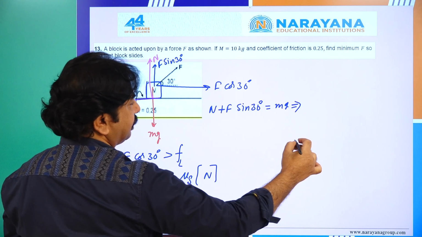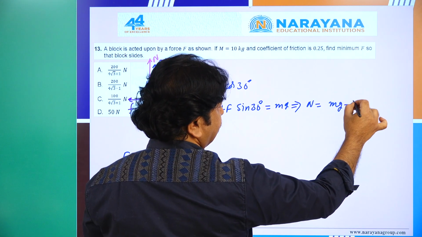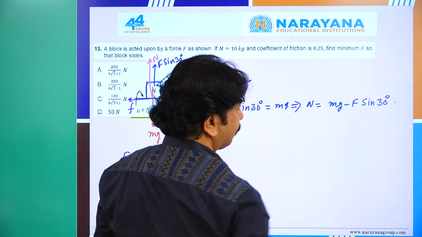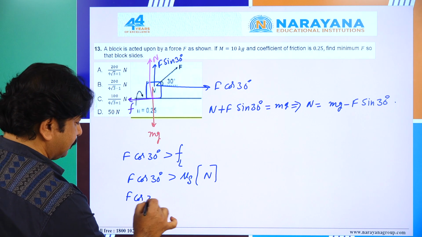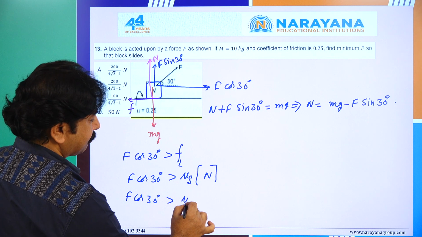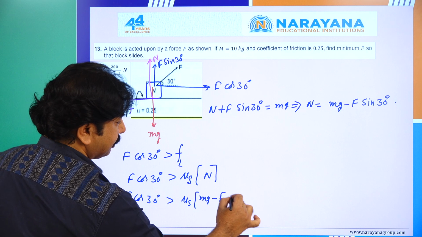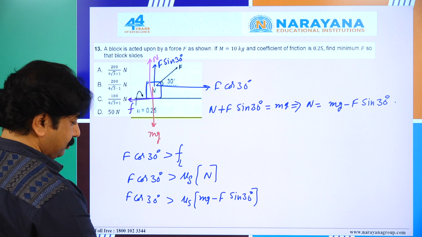So that implies N is equal to mg minus F sin 30. Substitute here: F cos 30 greater than mu s into mg minus F sin 30. That is the condition for motion.